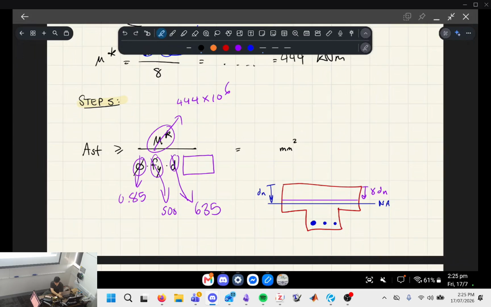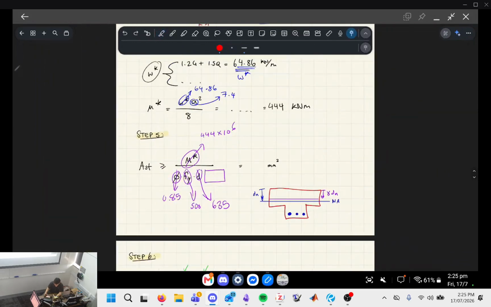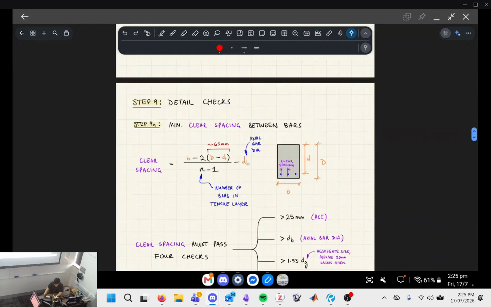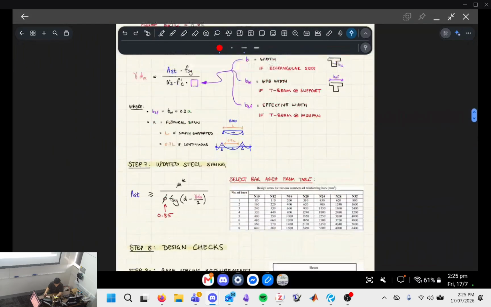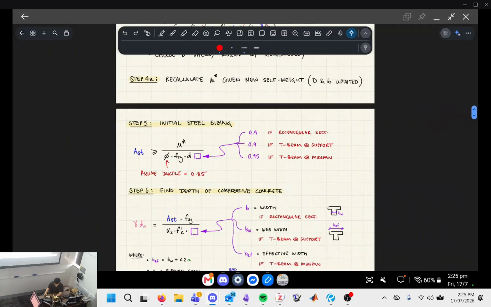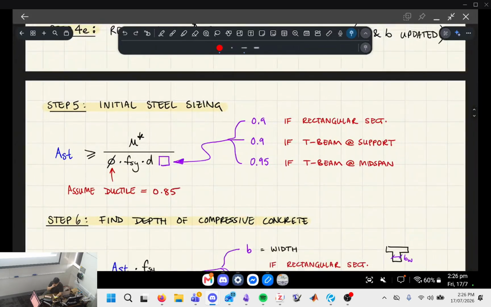All right, so the last thing is this rectangular purple box. For the sake of the video, I'm just going to scroll up to it as well, because this is kind of important. When I have a purple box like this, it basically means you have 3 different cases. If you have a rectangular section, you'll choose this case.